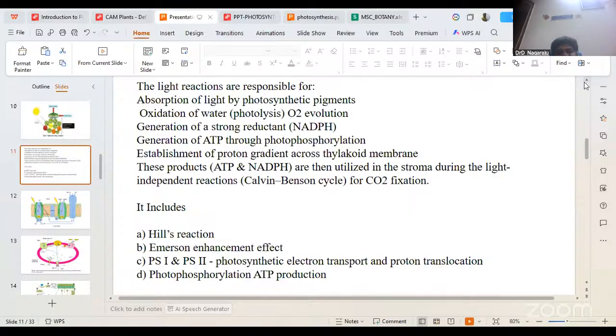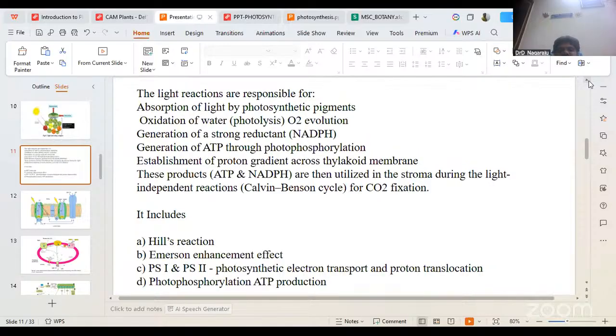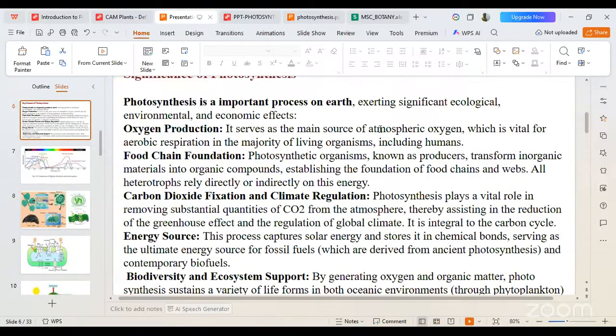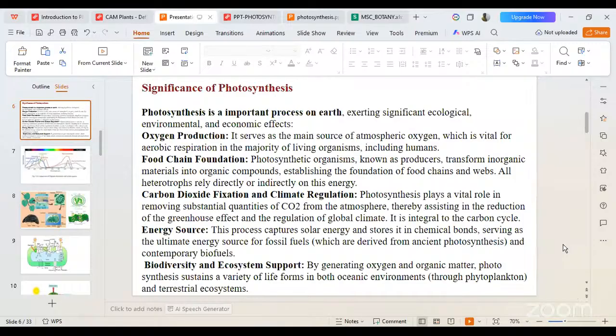That is especially in PS1, you know, the cyclic and non-cyclic phosphorylations. Only one photosystem is involved, that is the cyclic. Two photosystems are involved, that is the non-cyclic.